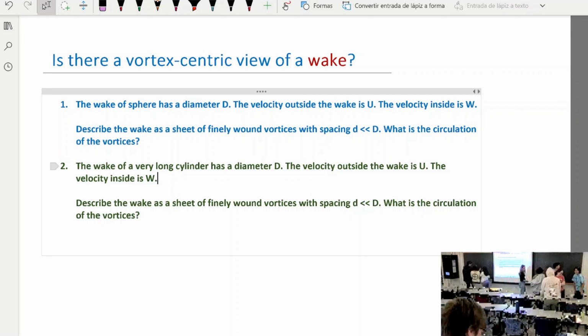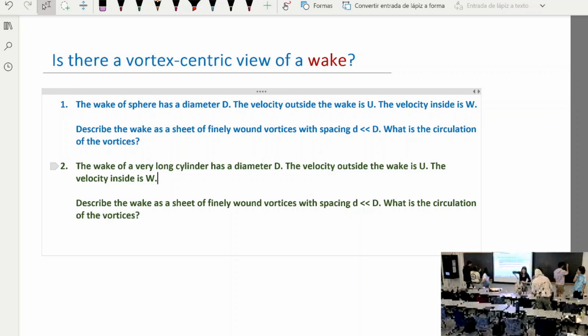So a wake means the velocity inside is lower. The key question is, how do the vortices look in this case? What direction does it run? We're confused about how to model the sphere versus the cylinder differently.